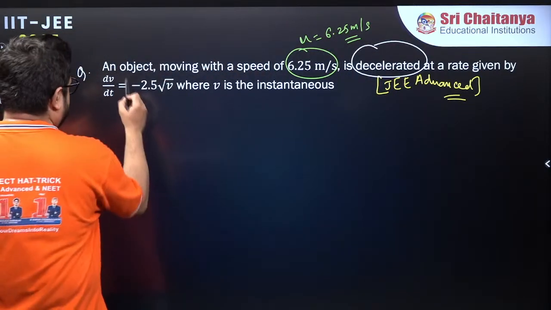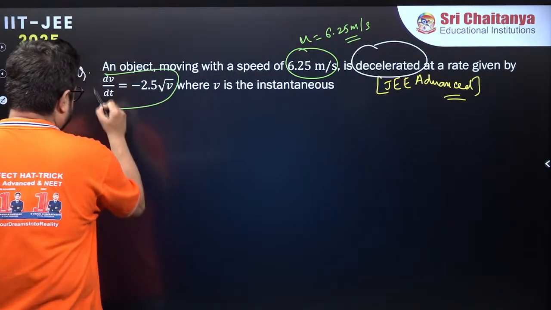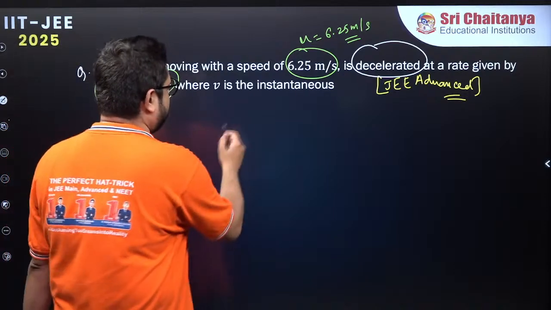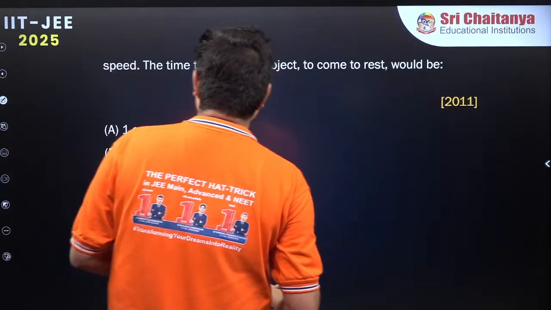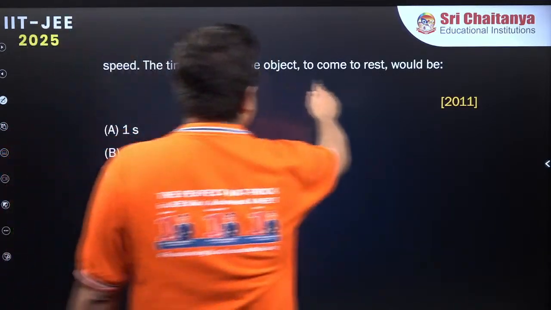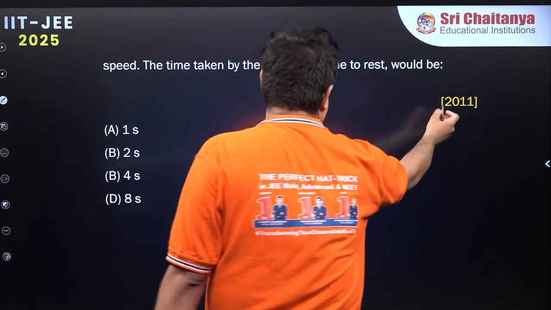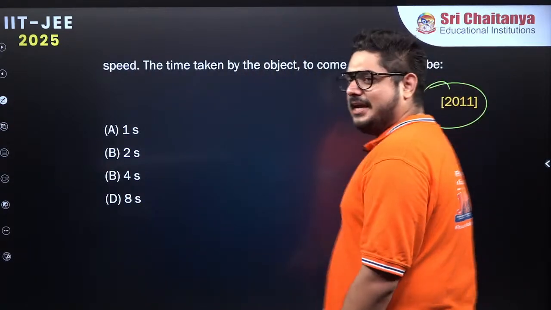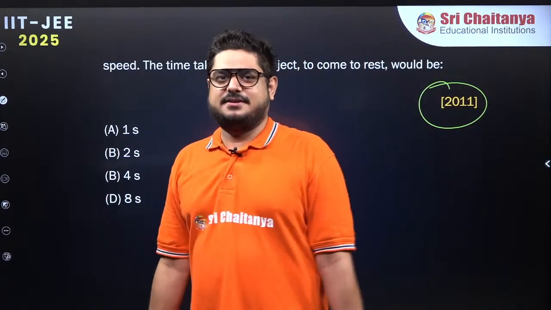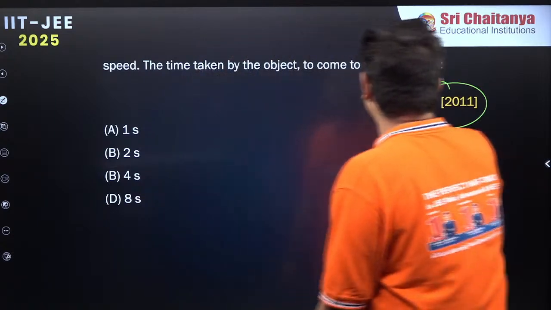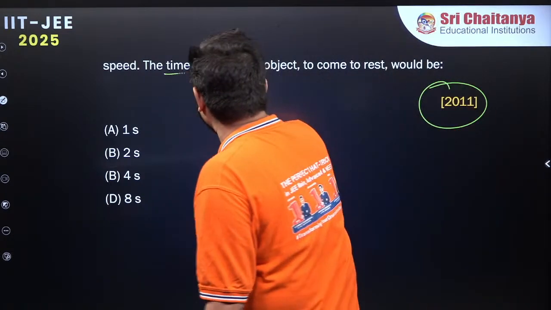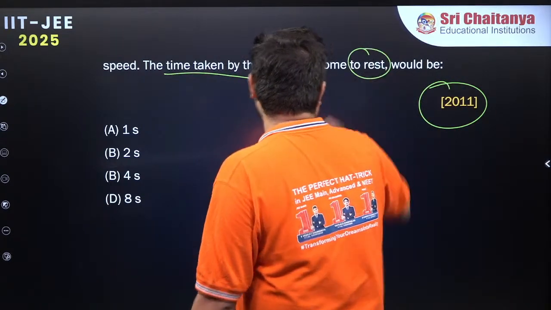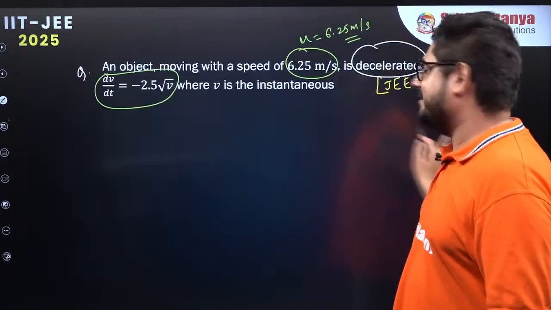And the rate it's being given, this is the rate, where v is the instantaneous speed. The time taken by the object would be, देखो बोला ना, JEE Advanced का question है, it's a question of 2011, ठीक. So you need to find out the time taken by the object to come to rest. So this question is in 2 slides.